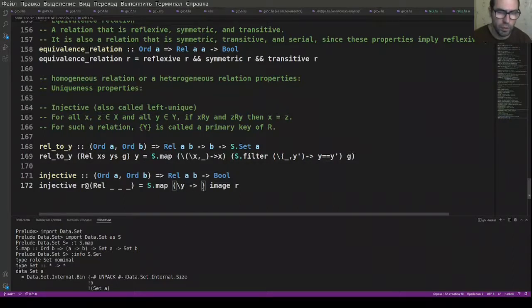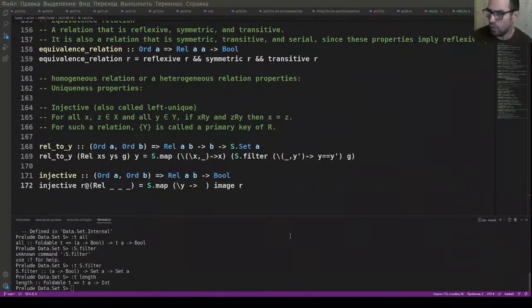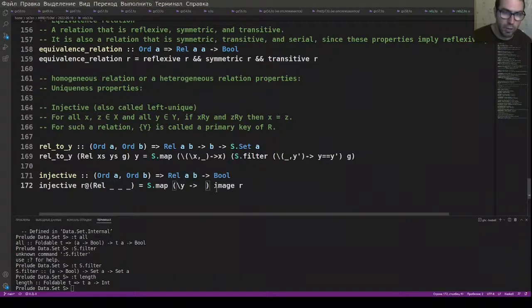here we will need to check the cardinality of this set. And to check the cardinality, we can do the image function. So I check it like this.